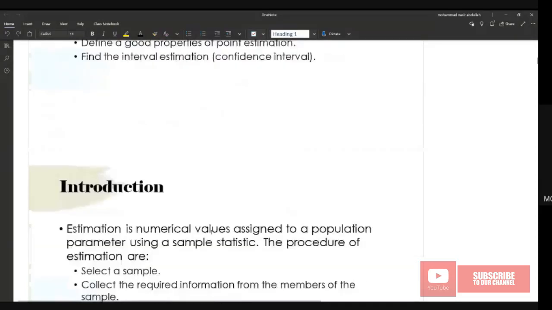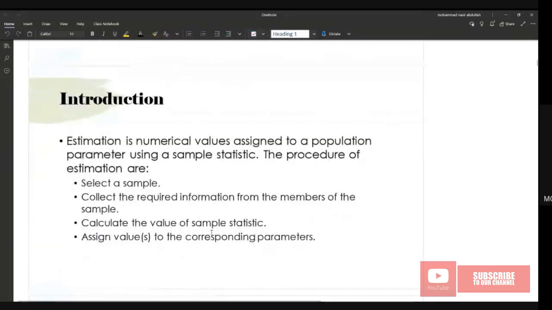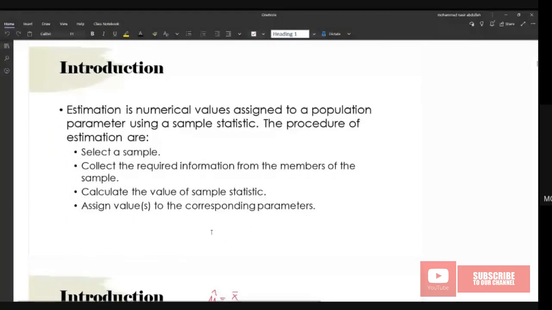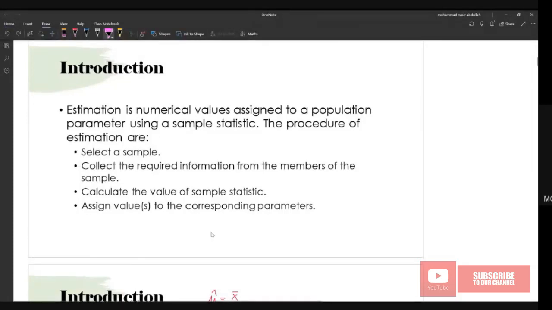Right, for the introduction, estimation is a numerical value assigned to a population parameter using a sample statistic. So you need to remember, when we do an estimation, we are dealing with the sample statistic.